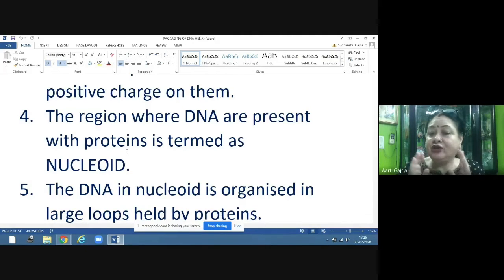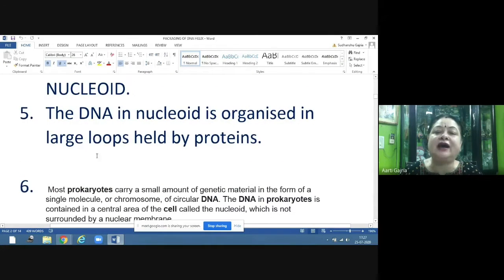Here we are talking about the prokaryotic cell. Though there is no well-defined nucleus in a prokaryotic cell, the DNA is not scattered. It is held by the positively charged proteins in the center, and this is called the nucleoid. The DNA in the nucleoid is organized in large loops held by proteins.